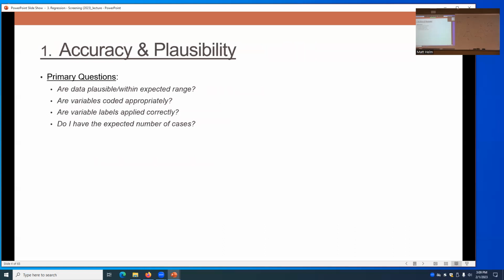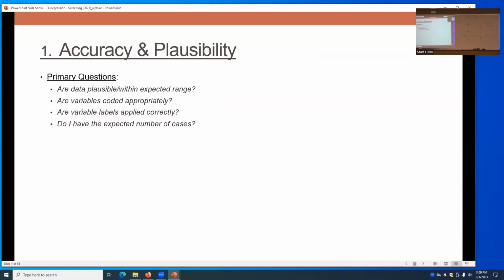Okay. So this is all super review stuff, right? Again, when we're going through regression, the first thing we want to do is check accuracy and plausibility. Are my data within expected range? Do my values all make sense? Are my variables coded appropriately? Am I sure I know what 0 means and what 1 means for dichotomous variables? Does all of this stuff make sense?